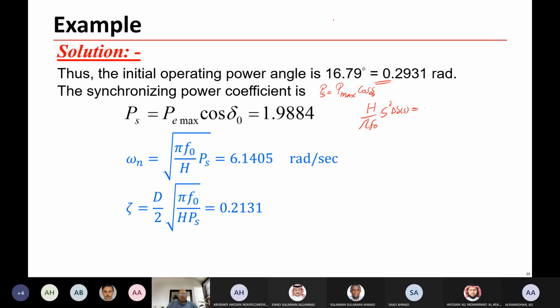If we write the swing equation, H over pi F0 d square delta by dt square equal to Pm minus P max sine delta minus D d delta by dt.